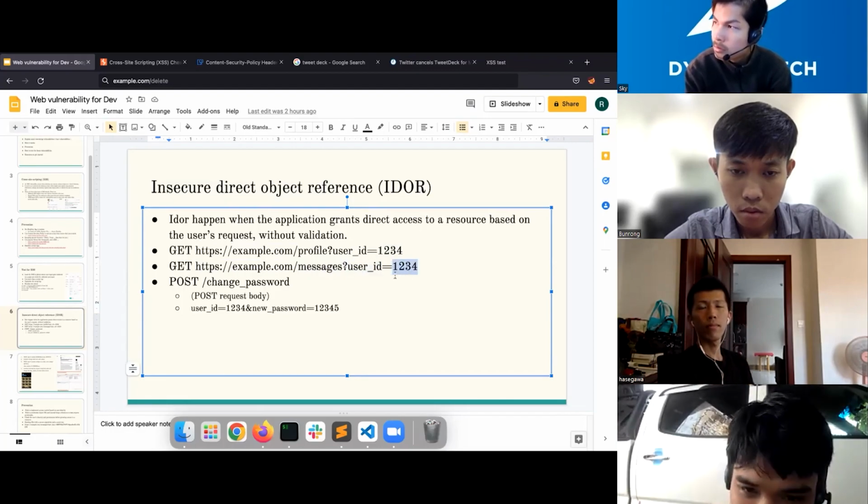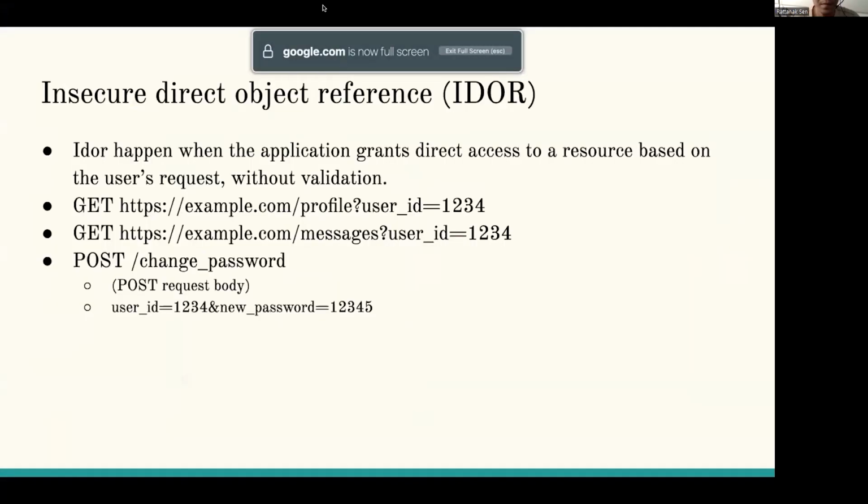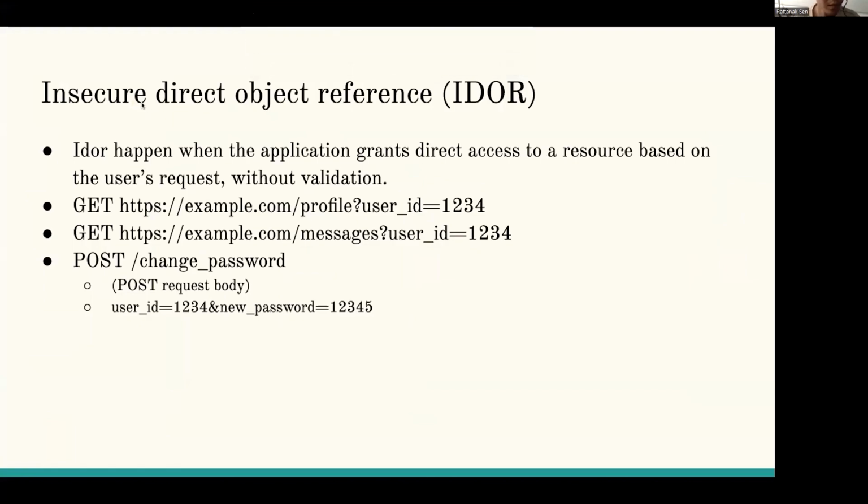So if example.com has a functionality that lets you view your private message, you go to this URL and it takes the user ID of the user account, like 123 here.